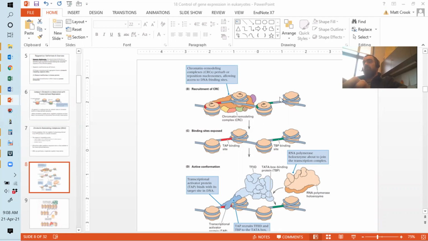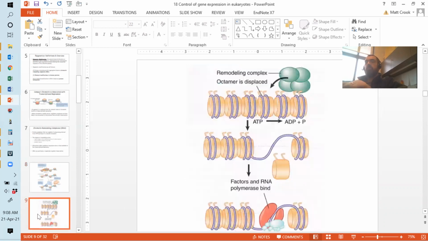Also, another thing we can do, rather than just shuffling these around and rotating them a bit, we can actually just remove them, right? So if we really want to expose DNA for transcription, and again, this is a matter of degree, just as with everything that we've talked about, now we can get a different remodeling complex coming.